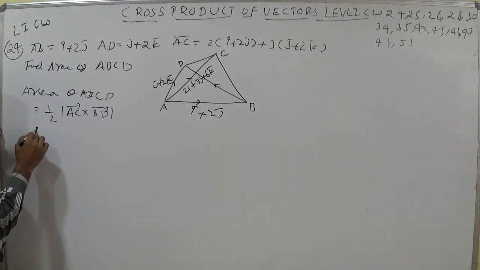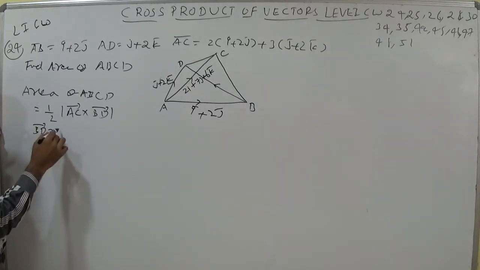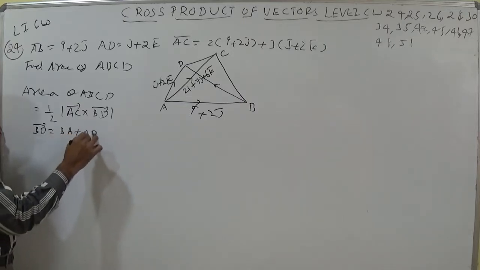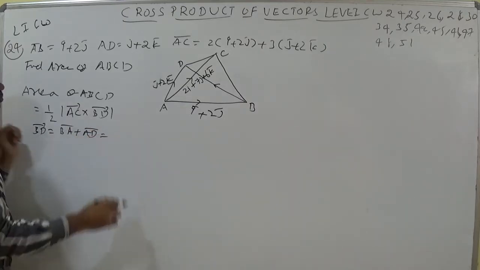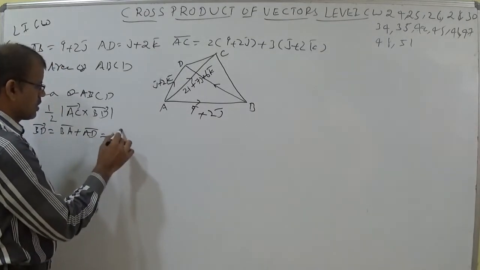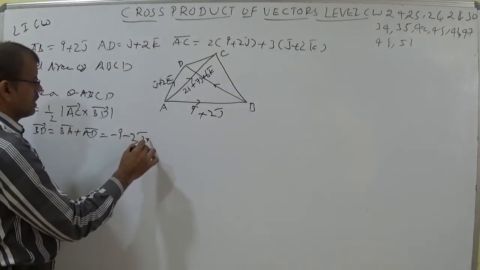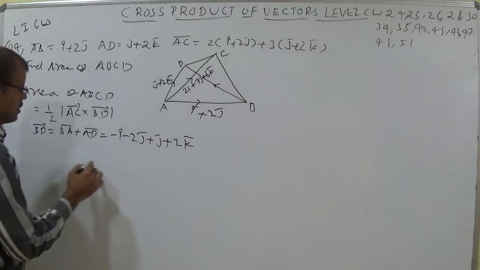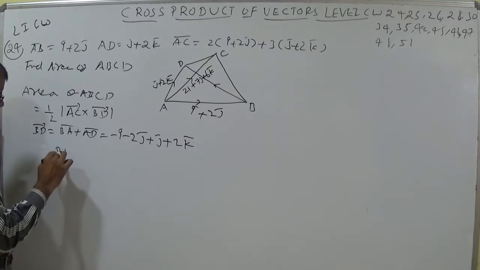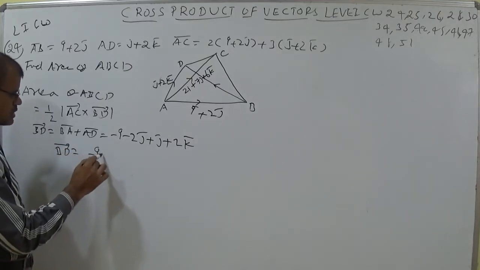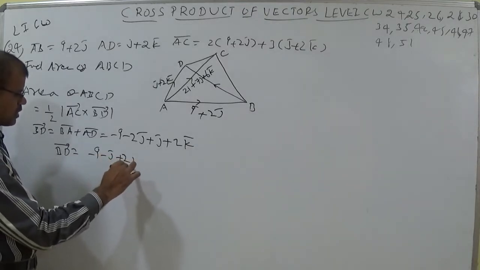Now let us get the value of BD using the triangle property, BA plus AD. What is the value of BA here? Minus i minus 2j, taking the negative direction. Minus i minus 2j plus j plus 2k. It becomes minus i minus j plus 2k.